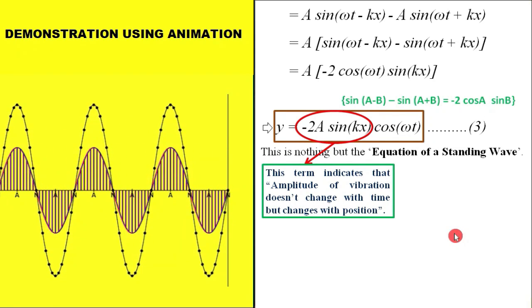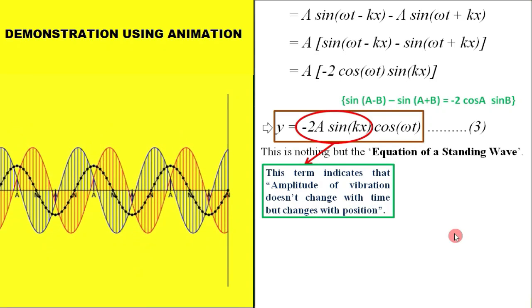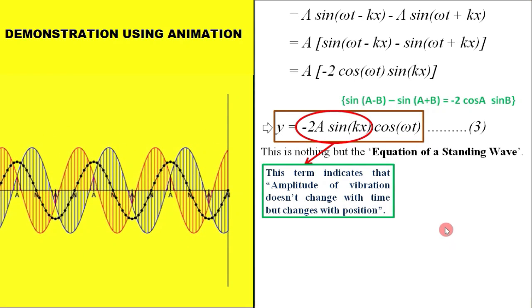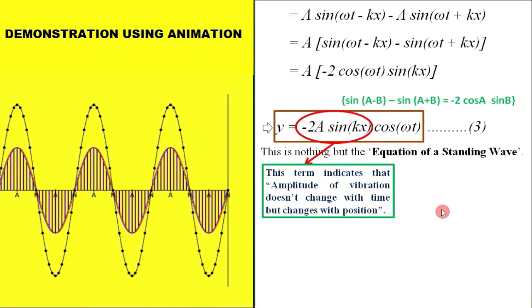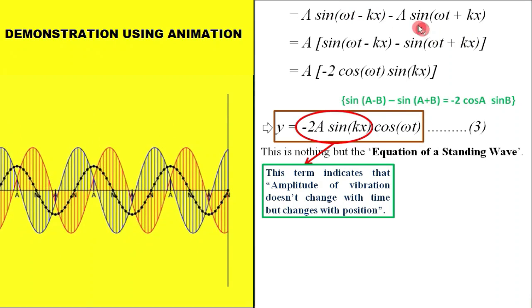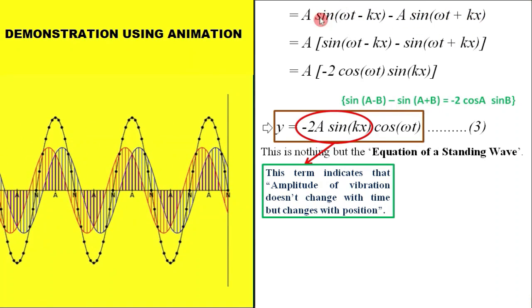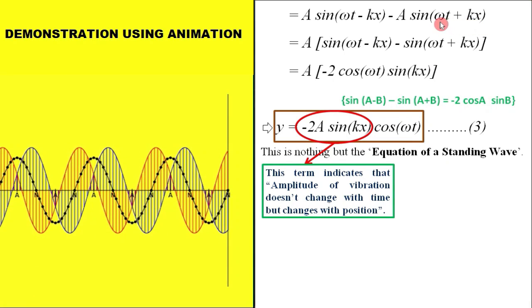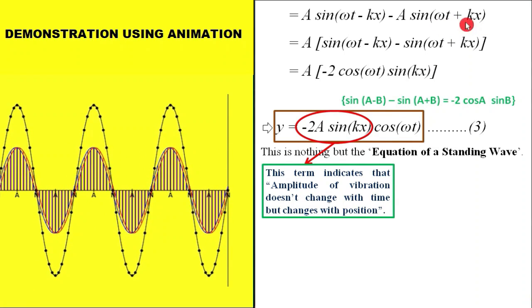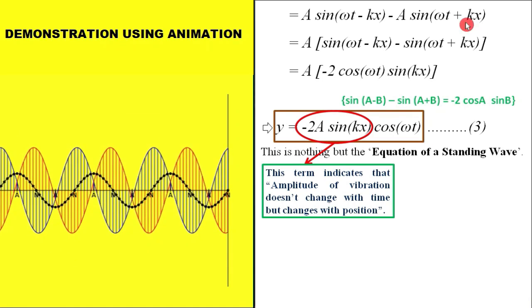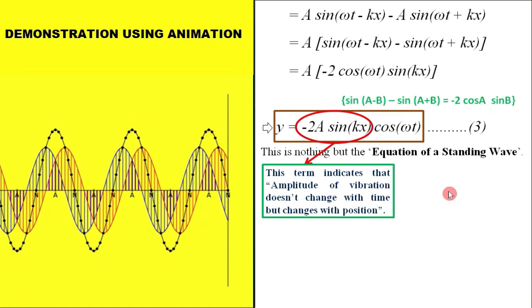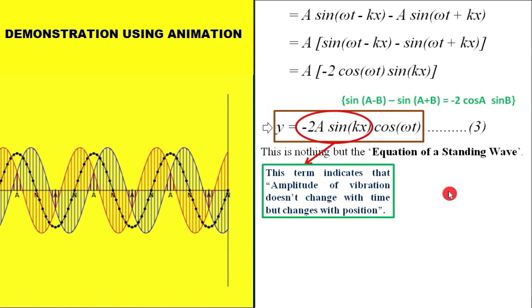Omega t plus or minus kx should be contained in one trigonometric function, like here, or it may come as cos(omega t minus kx), cos(kx minus omega t), cos(omega t plus kx), anything, but both those terms should be contained in one trigonometric function. Okay, then only can it be a progressive wave.